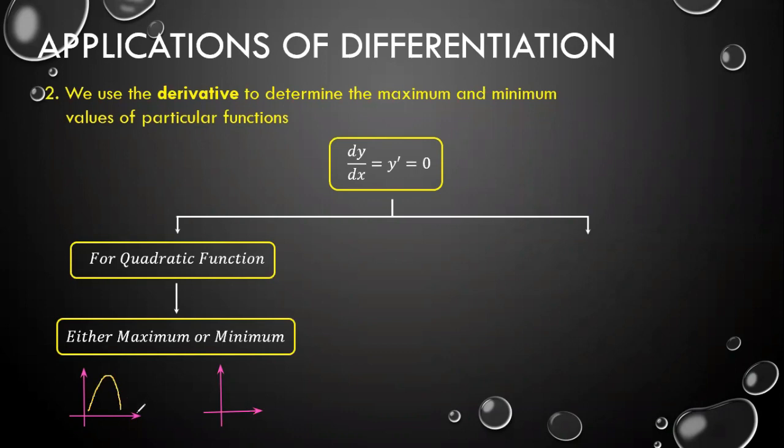This one is the type of the maximum point. The parabola is open downward. We call it a maximum point. But for this type, this parabola is open upward. We call this one a minimum point.